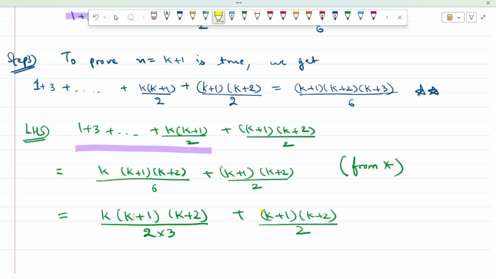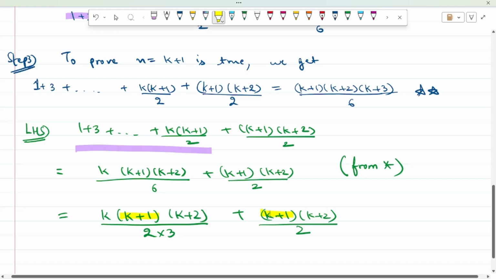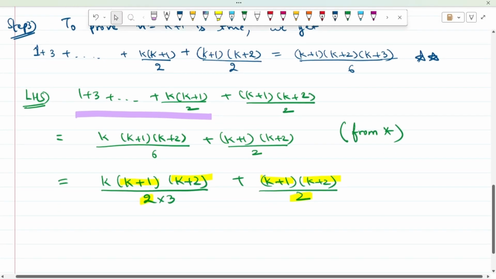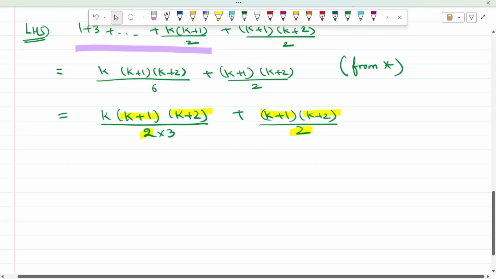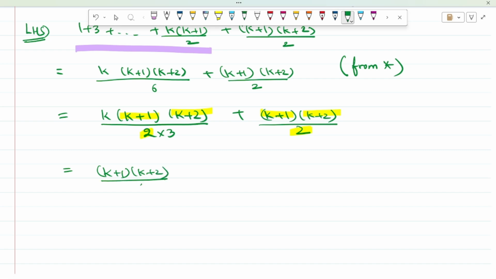In the common part, you have k plus 1, k plus 2, and the 2 in the denominator can also be pulled out. Let's see what it gives us. It's k plus 1, k plus 2 over 2 times k over 3 plus 1, right?